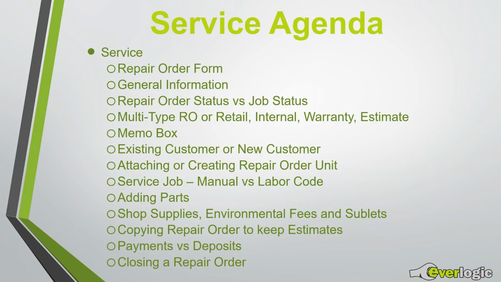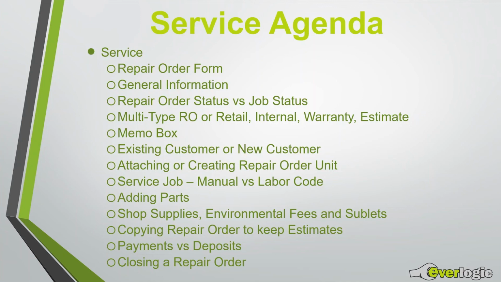We talked about adding new and existing customers and attaching a repair order unit or a unit that was sold at your dealership. We talked about adding in service jobs, both manual versus labor codes for those canned jobs that you do often, which will save you a lot of time.